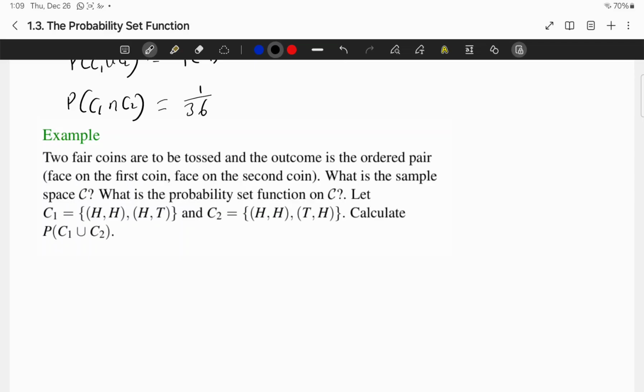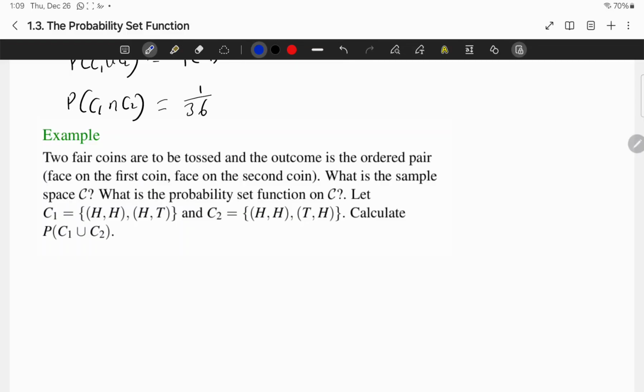What is the sample space? What is the probability set function on C? And let C1 equal {HH, HT}, and C2 equal {HH, TH}. Calculate P(C1 union C2).